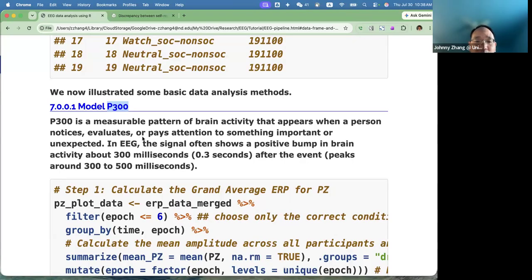Basically we will see a positive bump in the brain activity at around 300 milliseconds after an event.